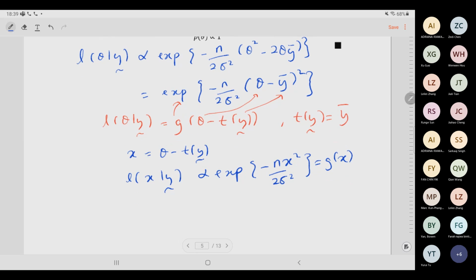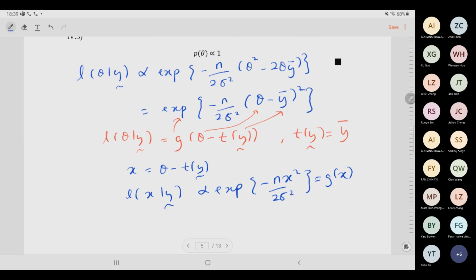You can see over here that now, instead of a function of theta minus y bar, it is actually x. So it means your x is just one value, because your sigma squared is a constant. So it's just a function of x, now a function g of x.